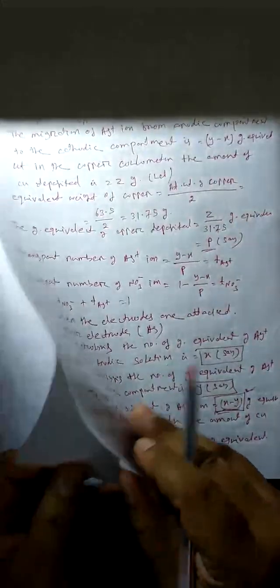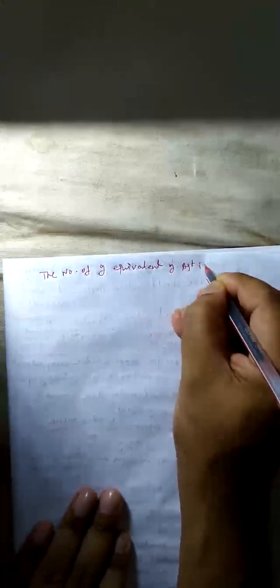The number of gram equivalent of silver ion migrating is P minus (X minus Y).